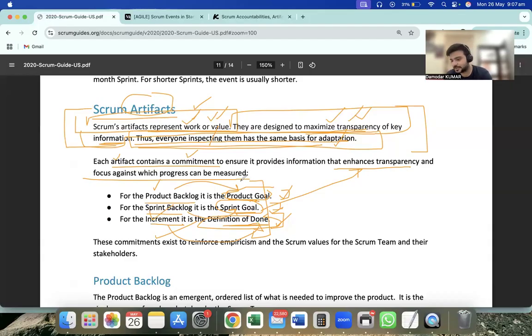So we are building a community. The product goal is to build a community for like-minded people, or people who are preparing for Scrum Master certifications or want to transition into Scrum Master roles. So our product goal here is to build a community.